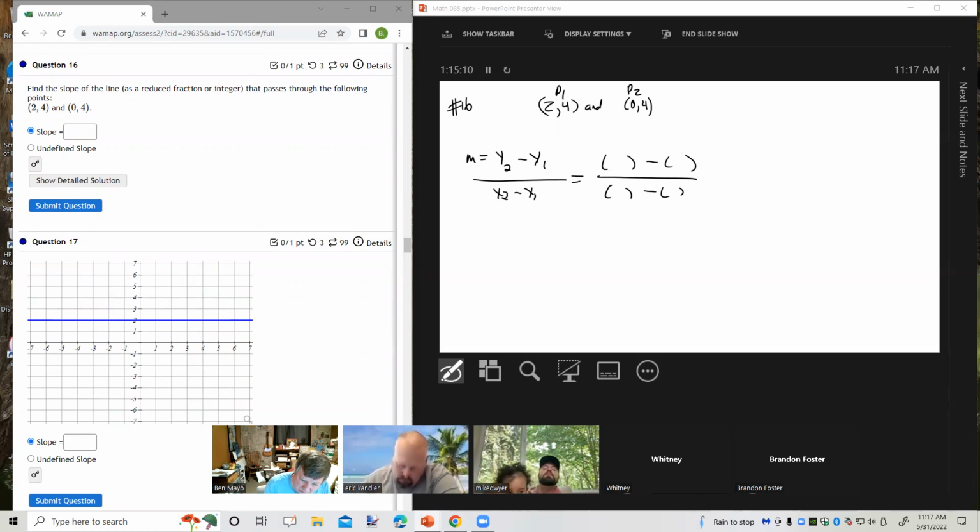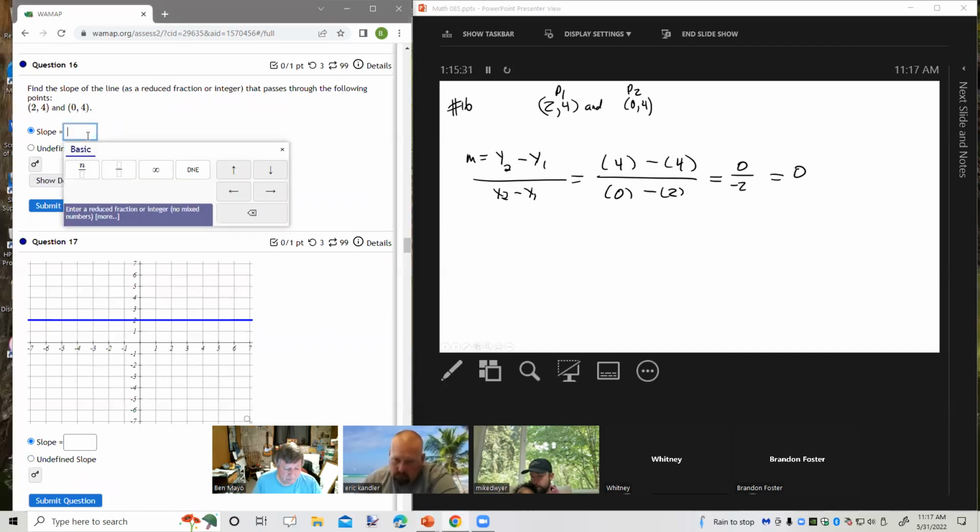Y sub 2 is the y value from point 2. Y sub 1 is the y value from point 1. X sub 2 is the x value from point 2. X sub 1 is the x value from point 1. 4 minus 4 is 0 over negative 2, which reduces down to 0.